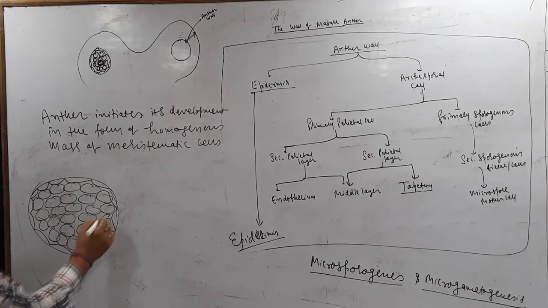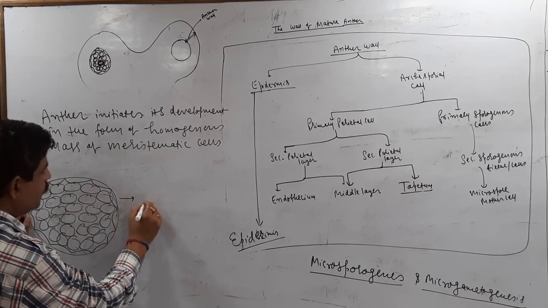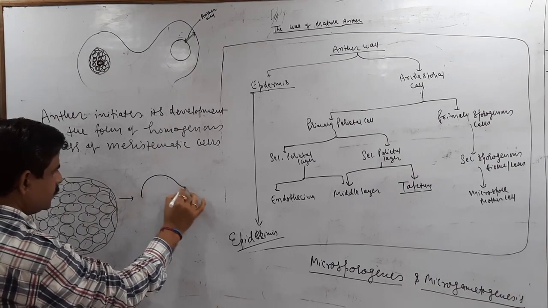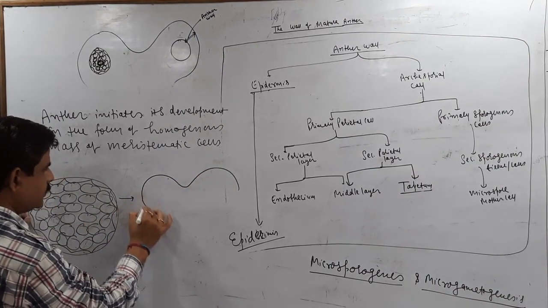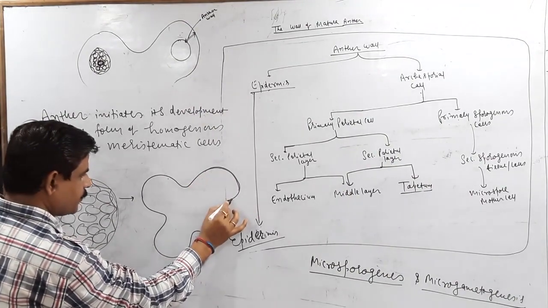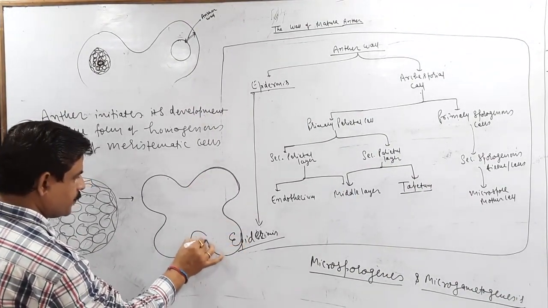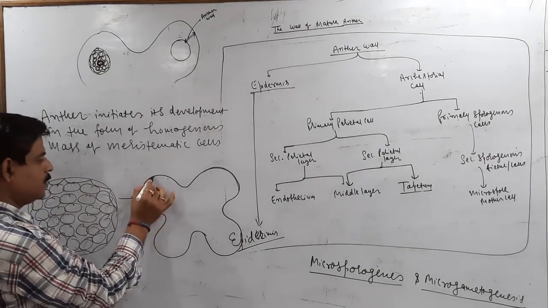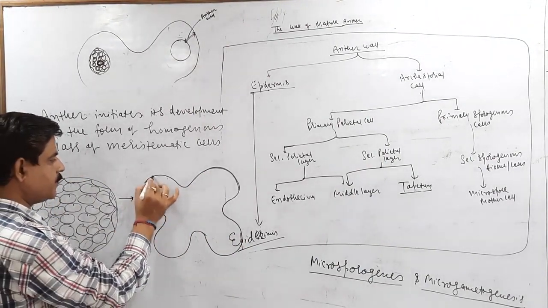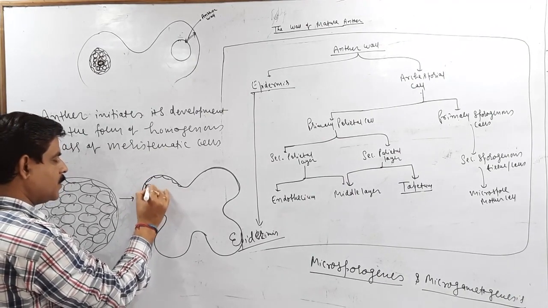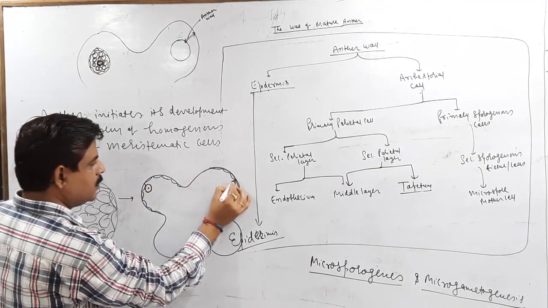Later on, it becomes a four-lobed structure. This one is the outer layer.